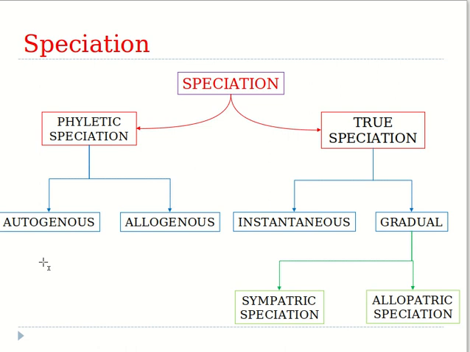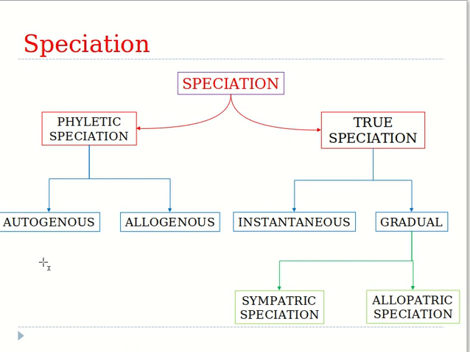Sympatric speciation is one where two species occupy the same geographical area, side by side, but they are reproductively isolated. So just imagine there is a species A, and during the speciation process, in the whole species A you have two subgroups, subgroup 1 and subgroup 2.